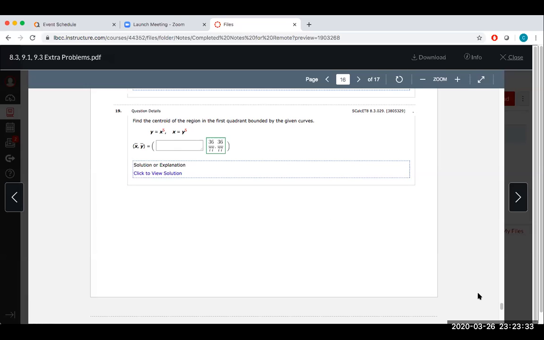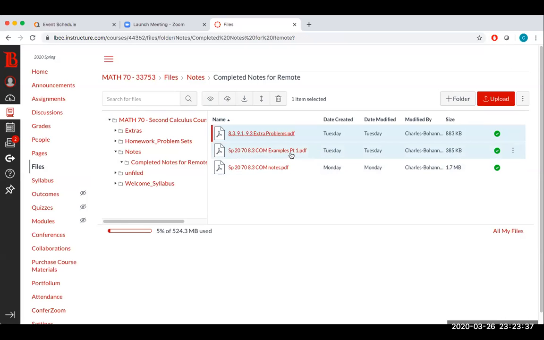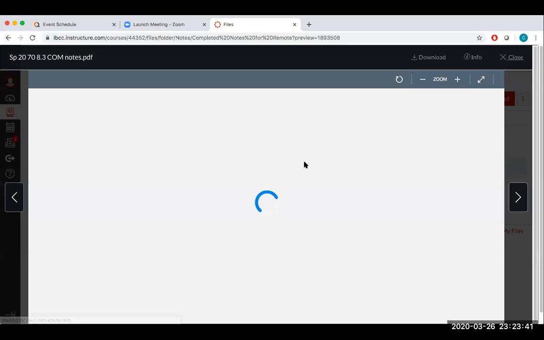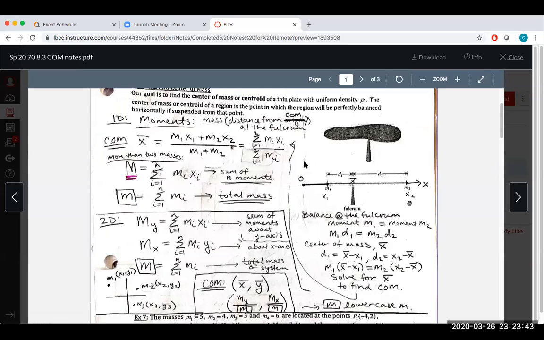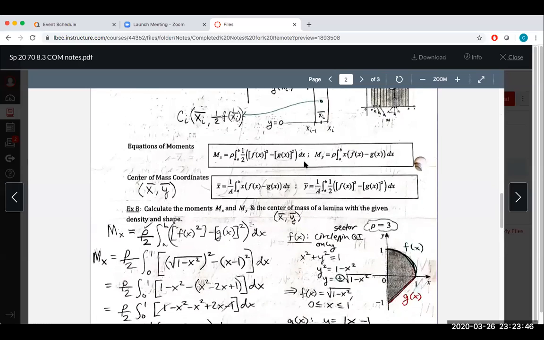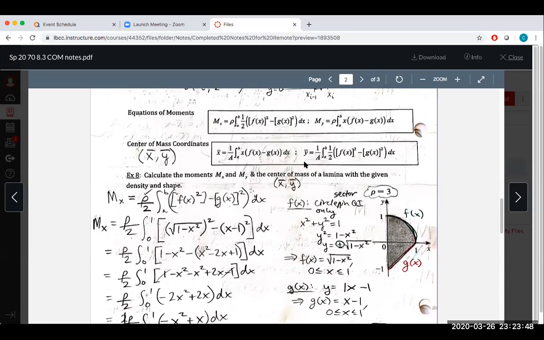All right, so just a little recap from your 8.3 notes that I posted before. The equations we'll be looking at are located here. So essentially for your center of mass and centroid stuff, the integrals you're going to need are right here.